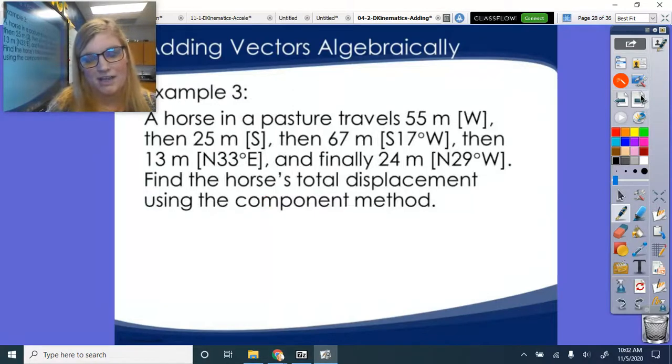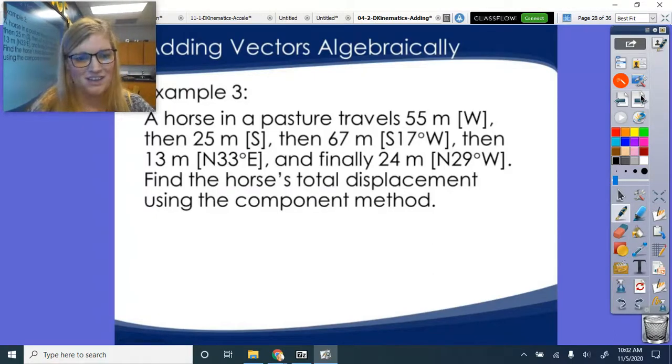So a horse in a pasture is traveling 55 meters west, then 25 meters south, then 67 meters south, 17 degrees west, then 13 meters. Okay, you get it. Find the horse's total displacement using the component method. So I'm going to go piece by piece.